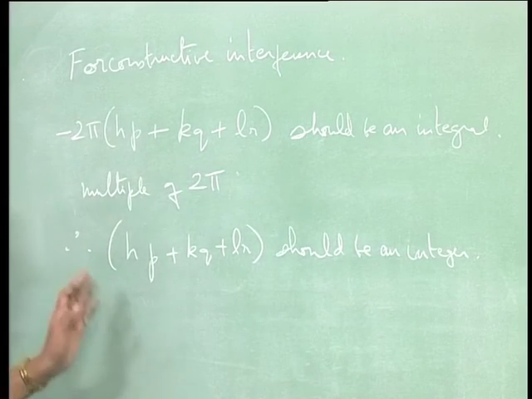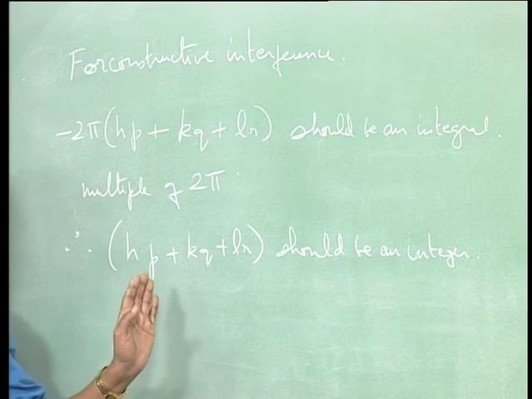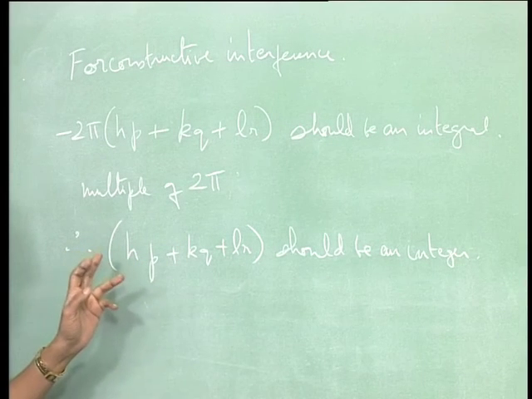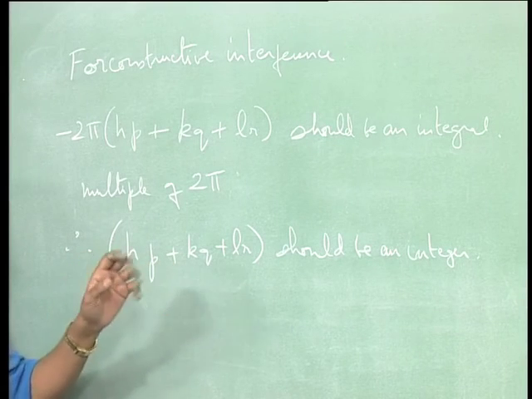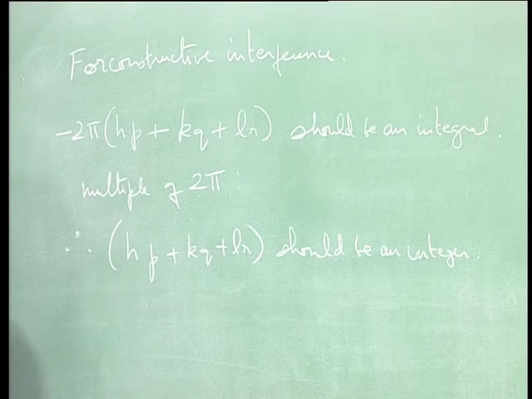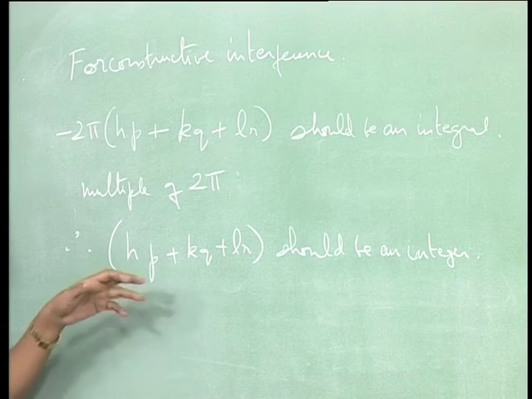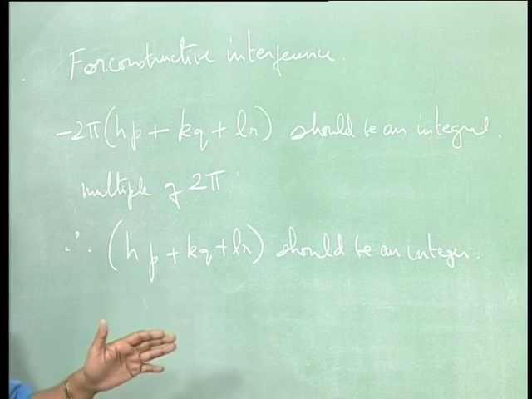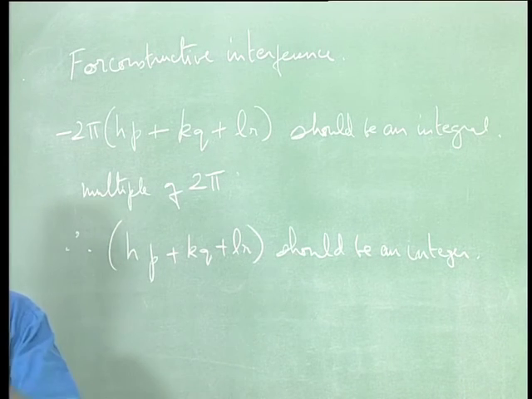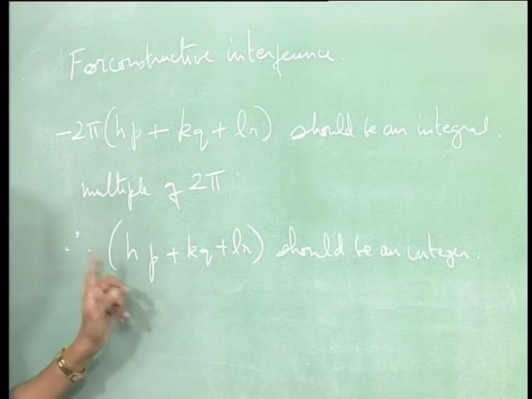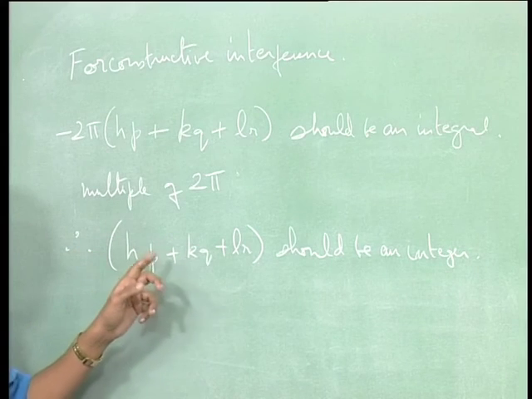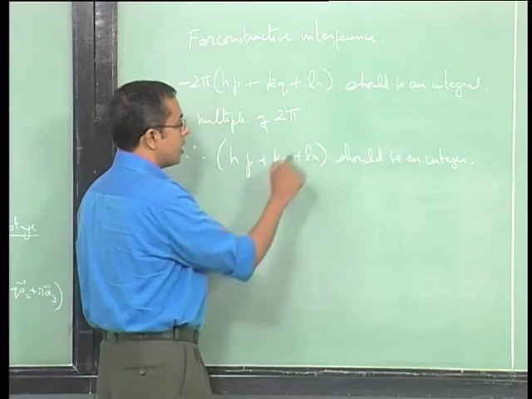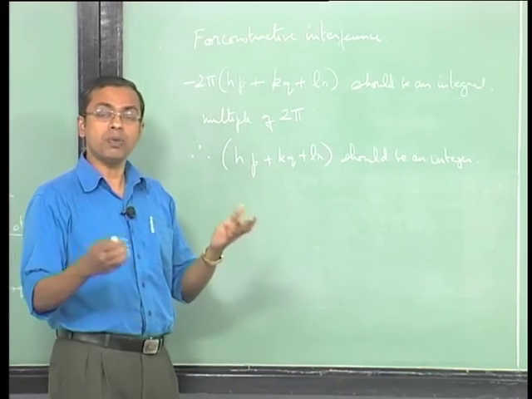So when we first defined S by lambda minus S naught by lambda, we defined that to be h b1 plus k b2 plus l b3, but we placed no restrictions on the values of h, k, l at that stage. However, we find that we are forced to deal with the situation wherein for constructive interference to occur, a sum of these terms hp plus kq plus lr should be an integer. In this, p, q and r are already integers, okay, and they could be any integer.